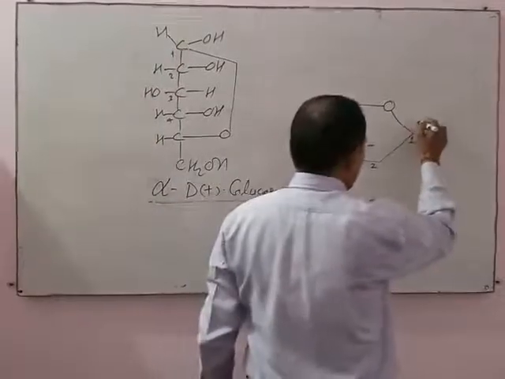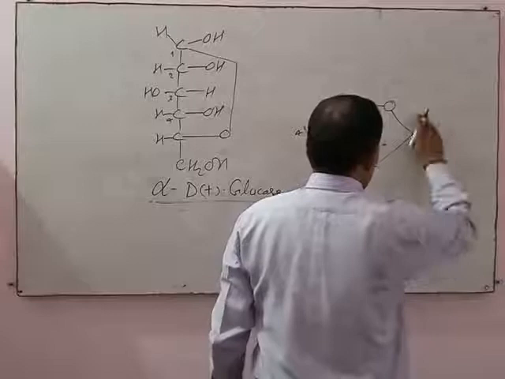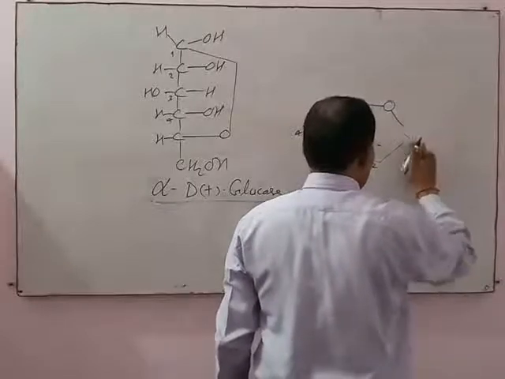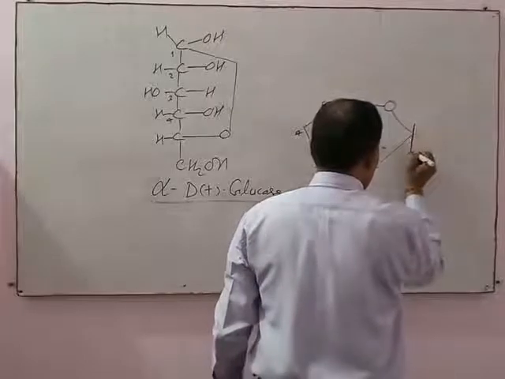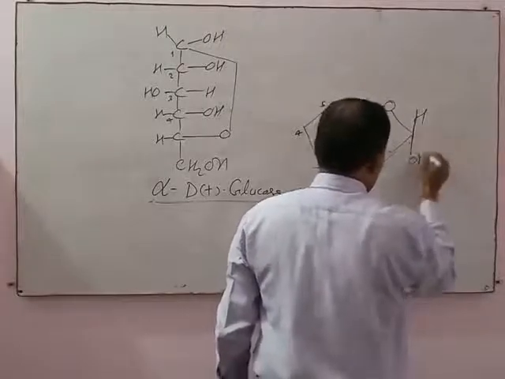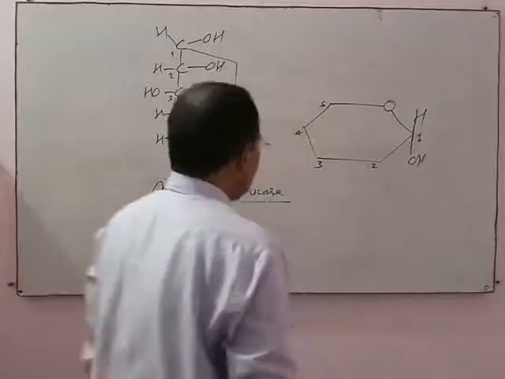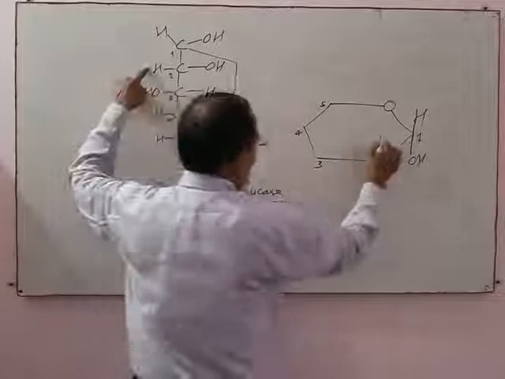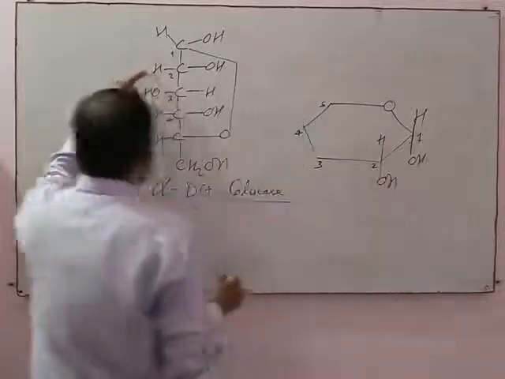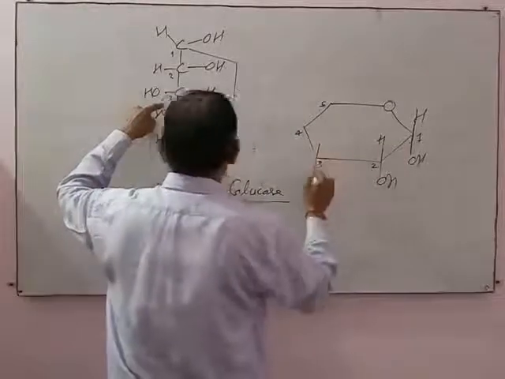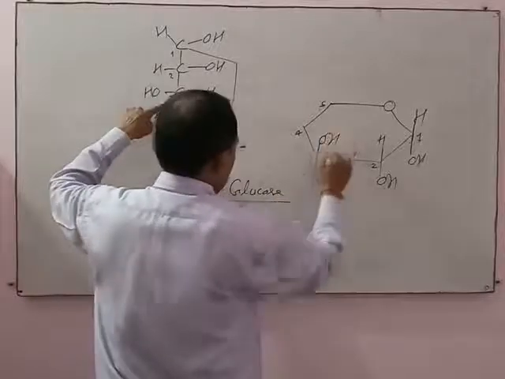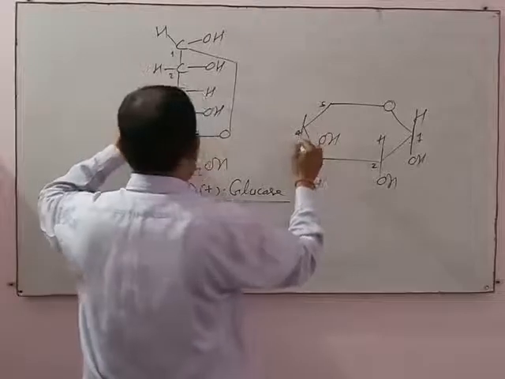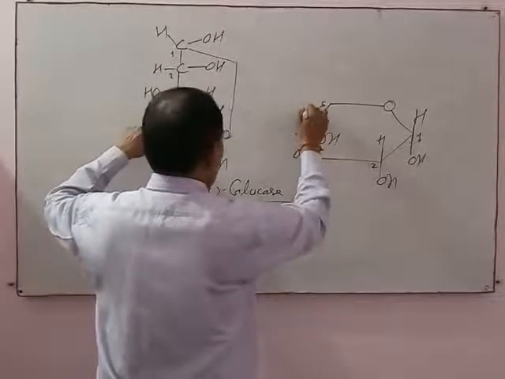So at the first carbon, means anomeric carbon, OH. Carbon number 2, OH. At carbon number 3, OH. At carbon number 4, OH.